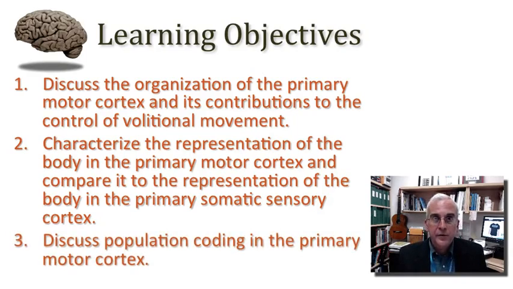And finally, I want you to be able to think well about how movement is encoded in the primary motor cortex. So I want you to consider the phenomenon of population coding as one means by which movement is governed in the cortex.